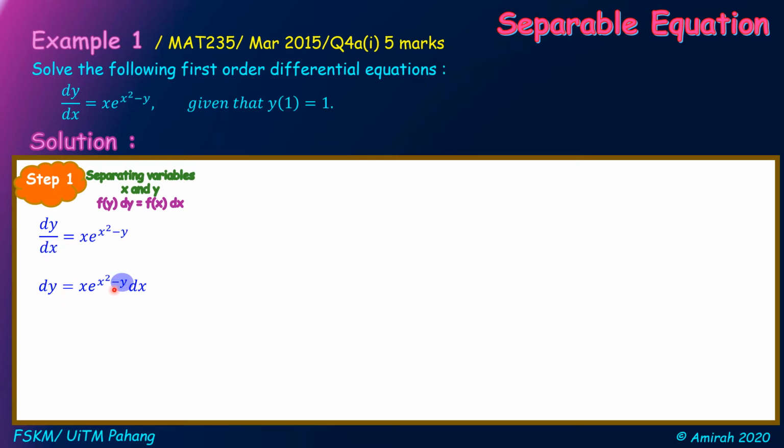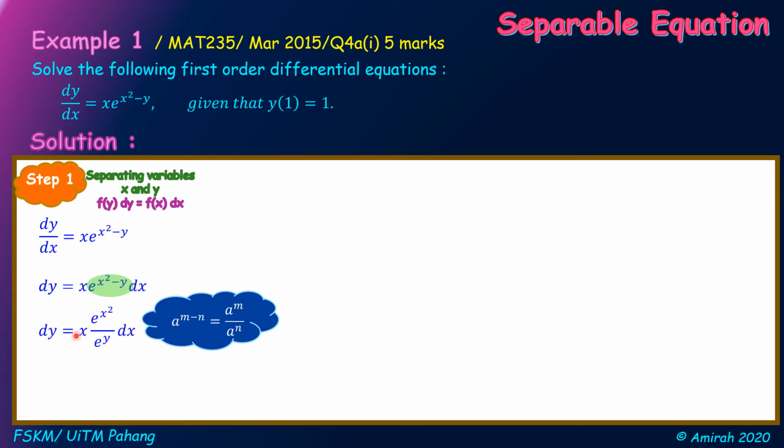For right hand side, we still have variable y, which comes from the exponent. So we need to think how to move the exponent negative y to left hand side. We use the properties of indices, a the power of m minus n equals a the power of m over a the power of n. We can write dy equals x e the power of x squared over e the power of y dx.